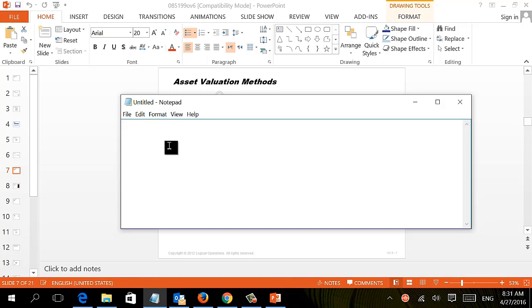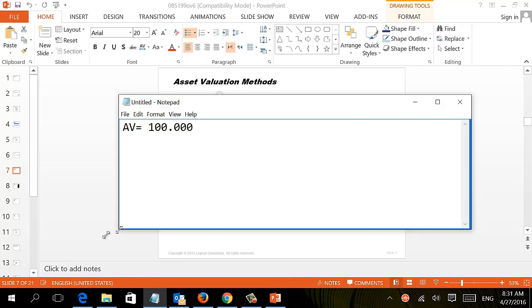I end up with my assets value, both of them, equal to 100,000. I'm going to use a simple number for simplifying. So my assets value will be 100,000.